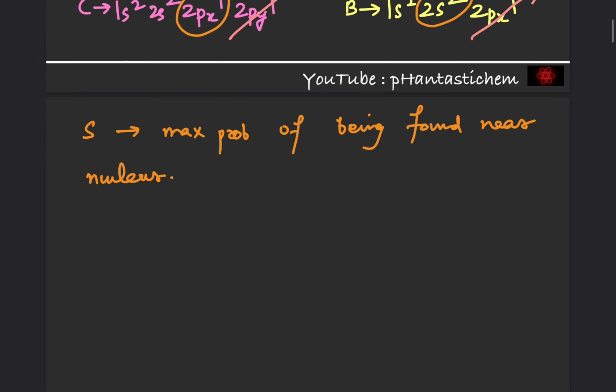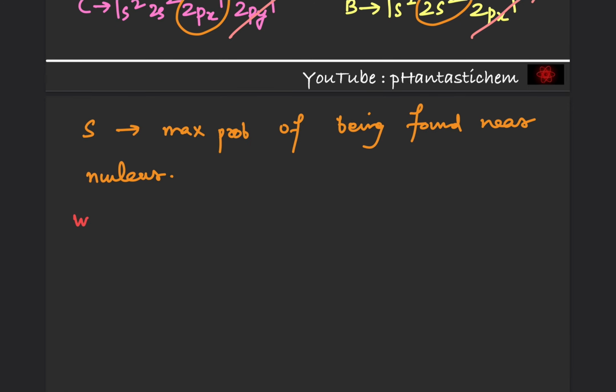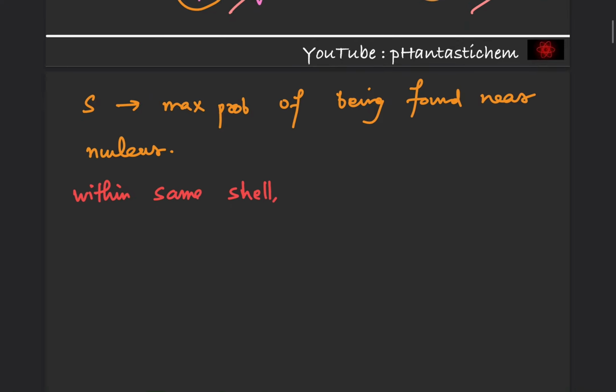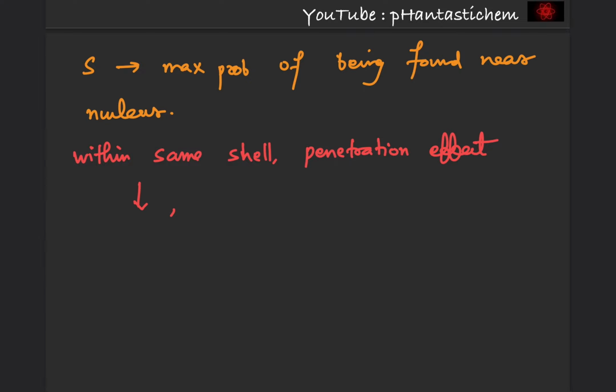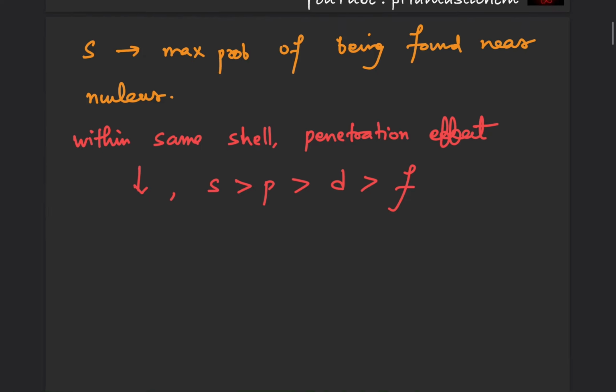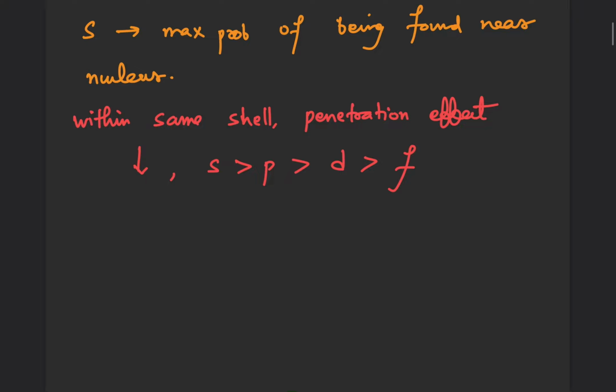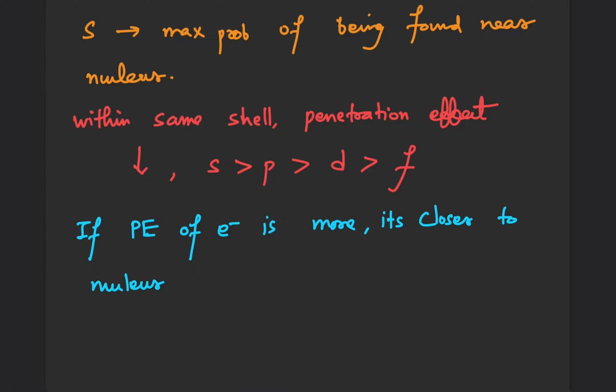So therefore, within the same shell, very important, penetration effect decreases in the order s, p, d, f. Okay, and if the penetration effect of an electron is more, it will be closer to the nucleus.